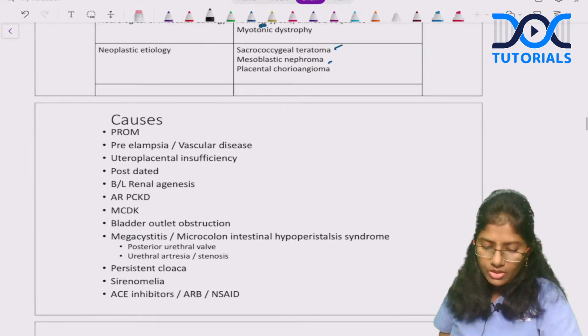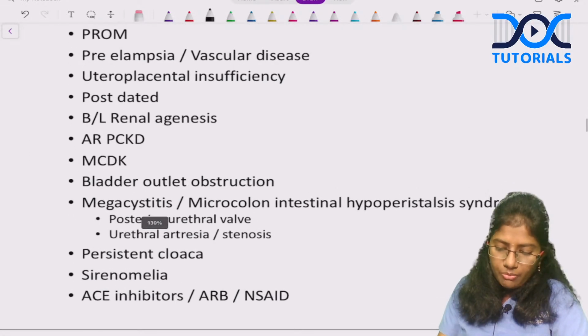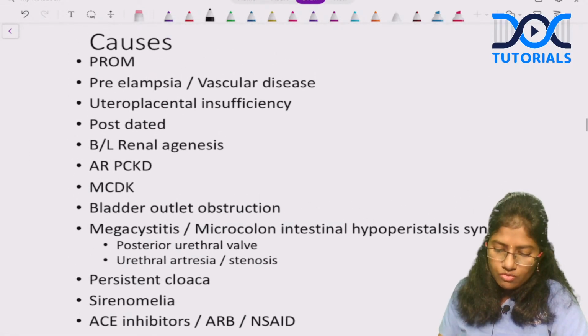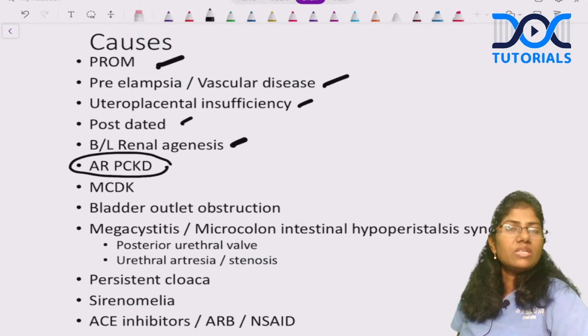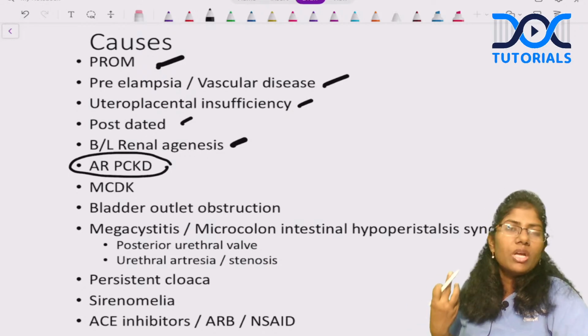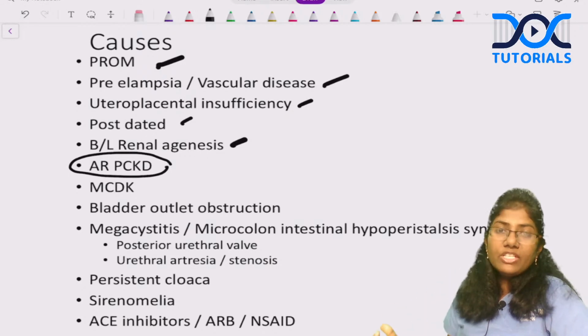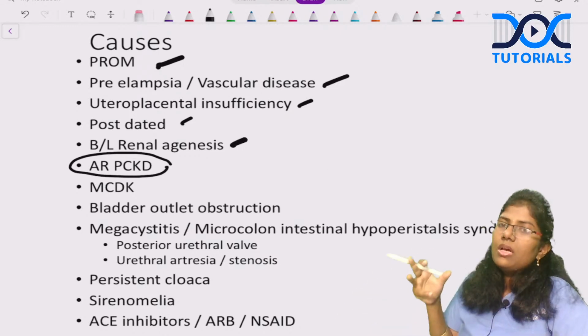Causes of oligohydramnios. Okay. So, we have PROM, we have preeclampsia or vascular disease, we have uteroplacental insufficiency, we have postdated pregnancy, bilateral renal agenesis, autosomal recessive polycystic kidney disease. Please remember, any problem with urine output, any problem with the kidney will decrease the urine output and eventually lead to oligohydramnios. So, polycystic kidney disease is one major kidney problem which can compromise renal function and ultimately lead to oligohydramnios.